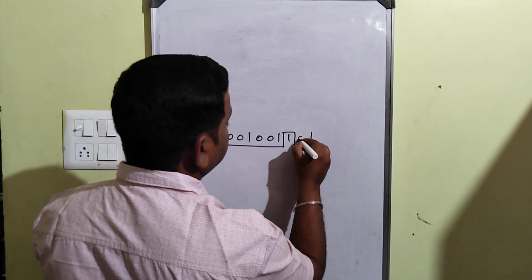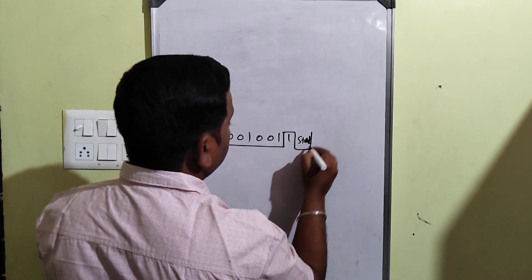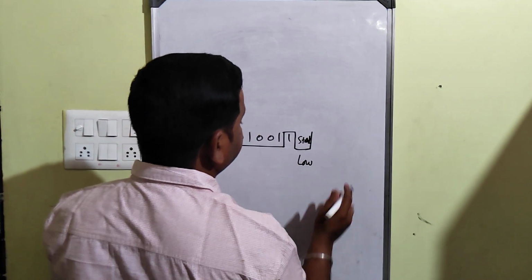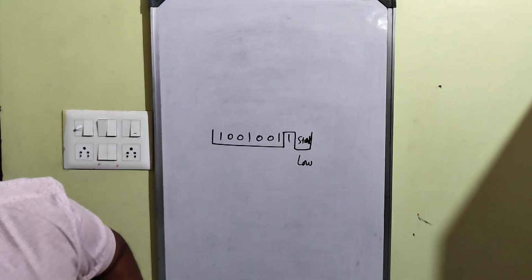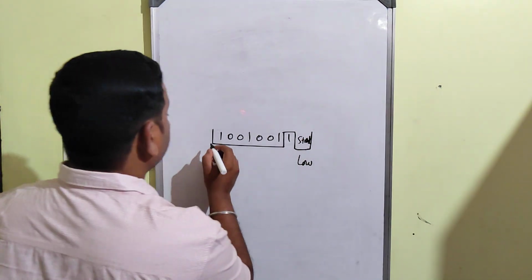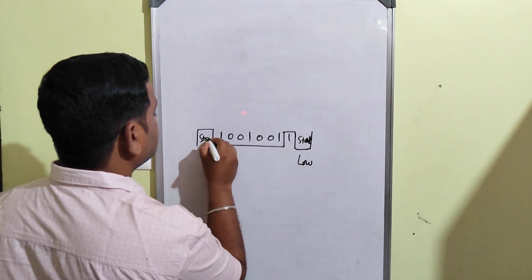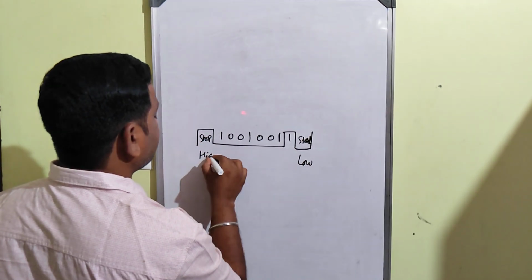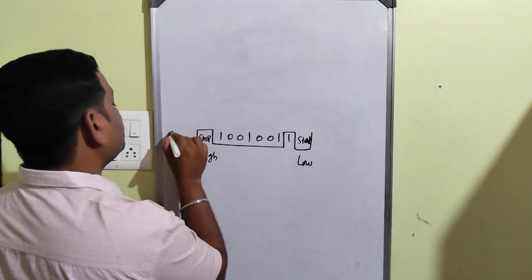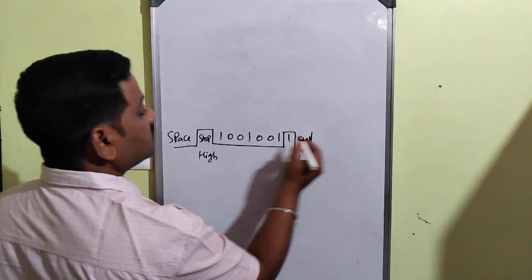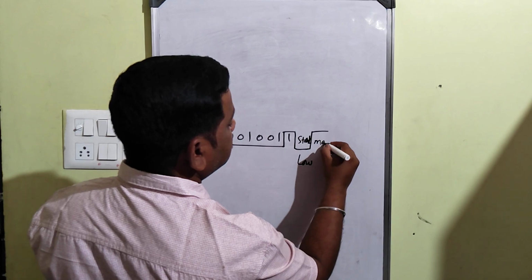So this is a start bit, and this is generally a low signal. Okay, and there will be a stop bit which is going to be generally a high signal, stop, which is high, and then we have a space, and here we will have a mark.